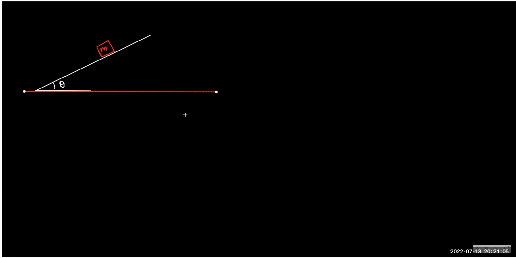Gravity always pulls towards the center, normal to the surface, so gravity always acts vertically downward. Is this clear? Yes, sir. The force of gravity is written as m into gravitational acceleration g, the same famous g, 9.81 meter per second square.